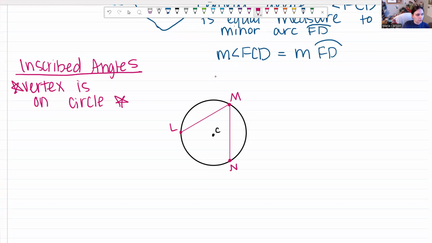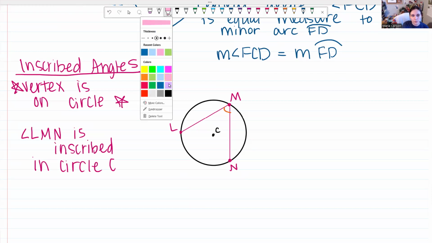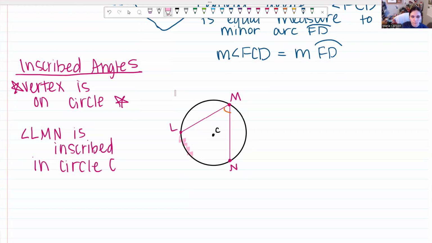So angle LMN is inscribed in circle C. And while there is an angle that is formed here, we also have this corresponding arc. And this arc is going to have the same measure as the central angle, right?